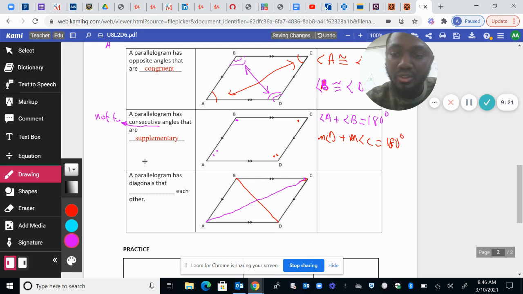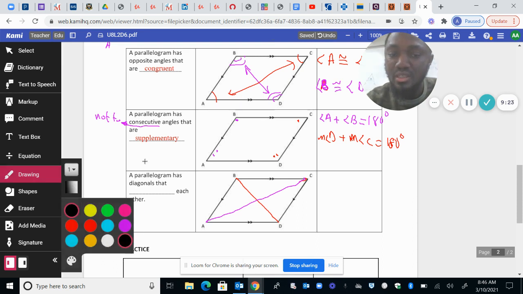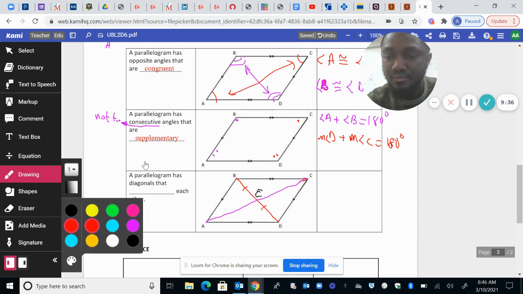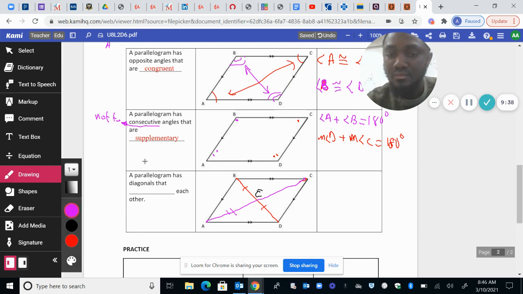So if the point of contact here is, let me say, E, then the distance BE is going to be the same as ED, and then the distance AE is going to be the same thing as EC.